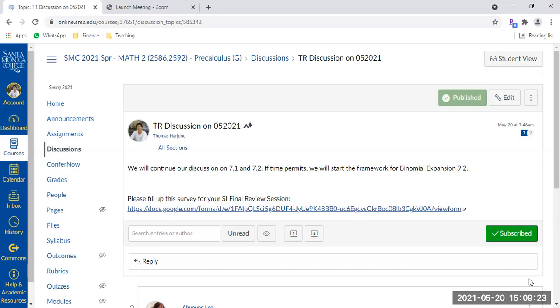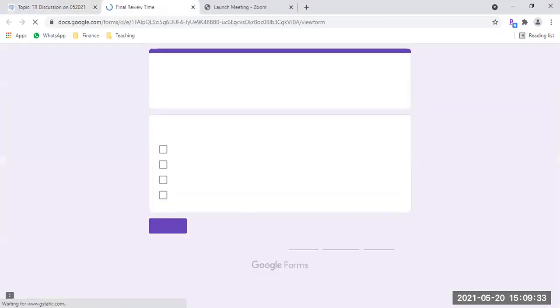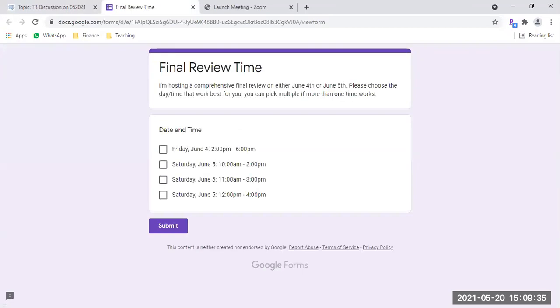Yes, that survey is for the date and time of the final review session. I'm holding that the weekend right before the final exam. So just pick the time that works best for you. If there are multiple times, check multiple boxes, and I'll pick the one that gets the most votes.